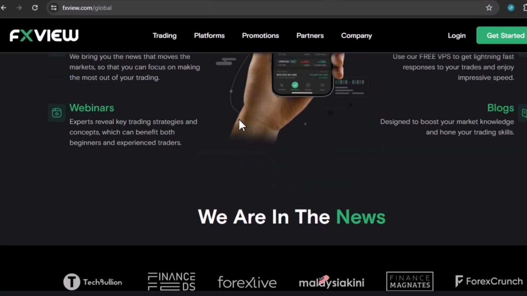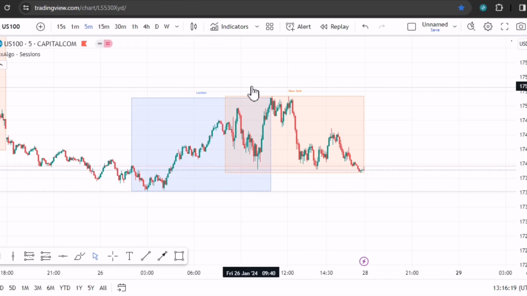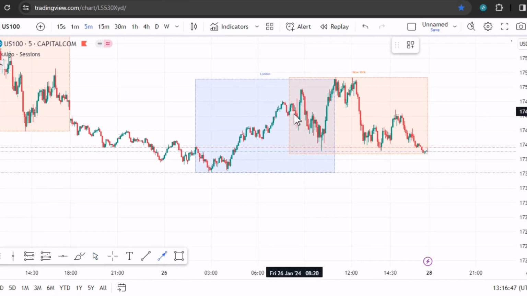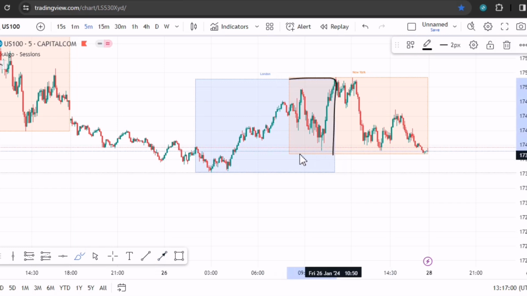So let's just go back to that strategy. Those who trade Nasdaq, I know you are eagerly waiting. Now, here is what I want us to look at, traders. Right here on the London and New York session, you have this midpoint where the London session overlaps with the New York session.